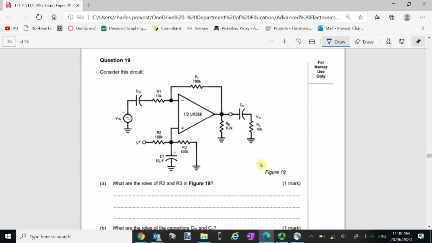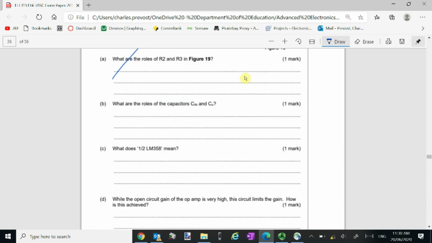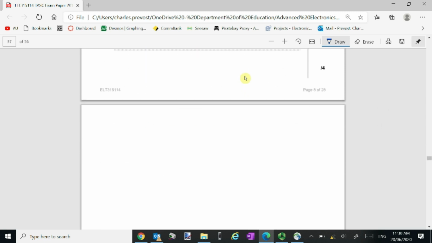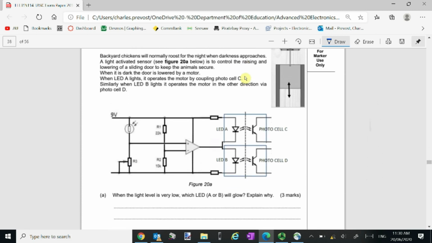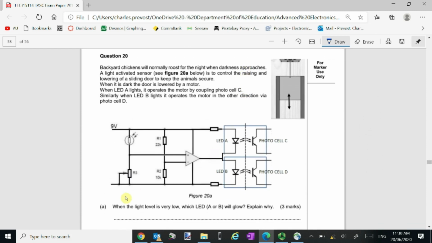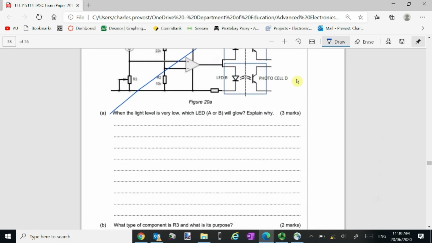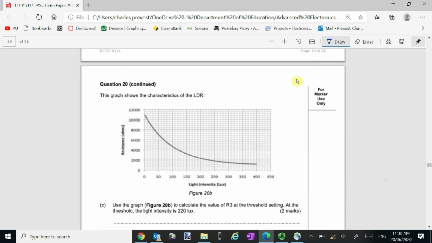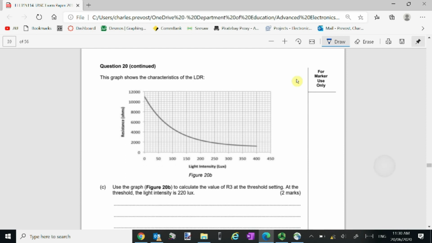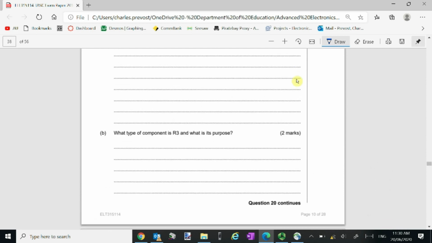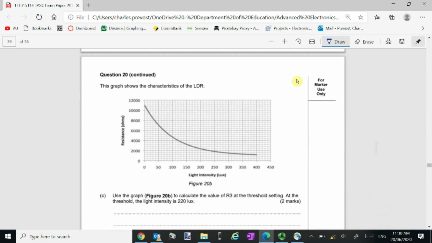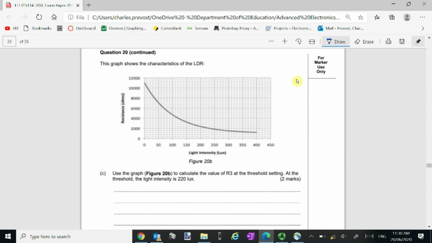Okay, question 19 is an op-amp question, so we're not going to do that. Okay, question 20 is another op-amp question, so we're not going to do that. Okay, we could probably do this part C. Let's have a look.